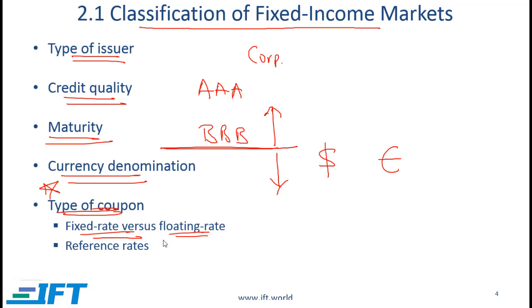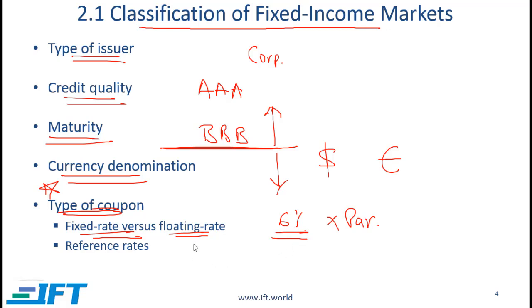And we've seen this in the previous reading, but very simplistically, a fixed rate bond or a fixed rate coupon is one where the rate is fixed. So a simple example would be a coupon rate of 6%, and the coupon payment would then be the coupon rate multiplied by the par value of the bond.